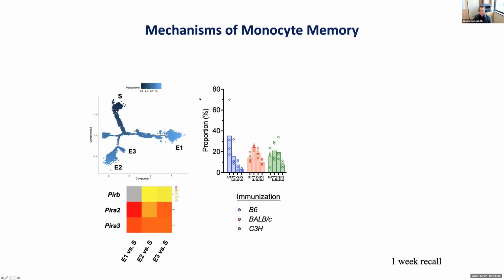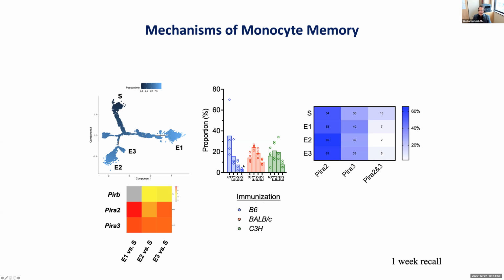And when you look at proportions of cells in these individual states after immunization with different splenocytes, we observed that in the BALB/c and the C3H immunized monocytes, you saw an increase in monocytes that were in the E1 through E3 states compared to the syngeneically immunized mice.